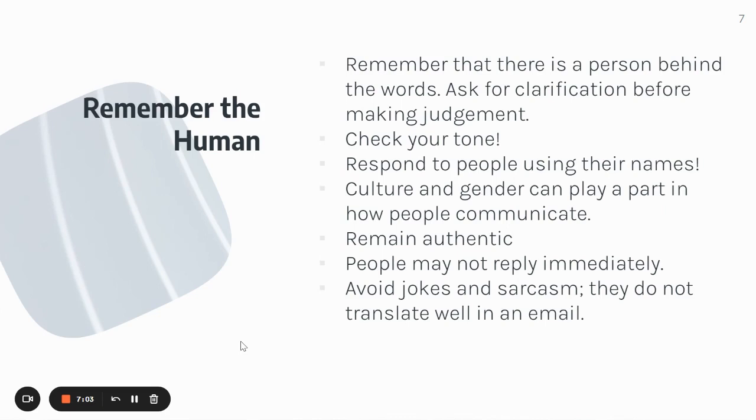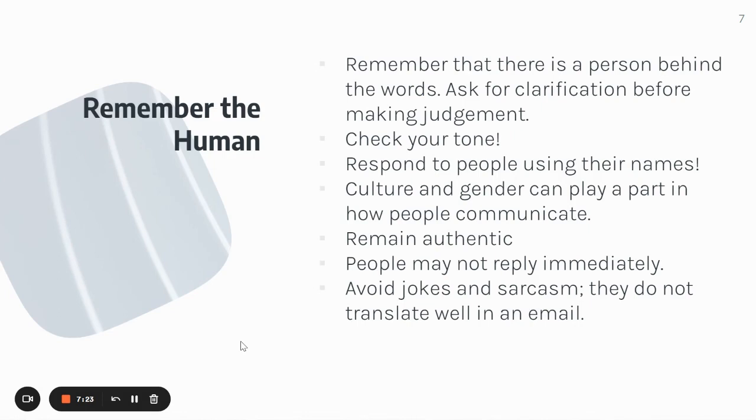Understand that people may not reply immediately. Just in those reply rules that I gave you, you should reply within the day for an urgent email, but for a non-urgent email, you may have a 24-hour response time. Some people may also follow that. So if they don't reply immediately, that doesn't mean that they're ignoring you. It just means that they need to gather the information you're asking for before sending an email back.